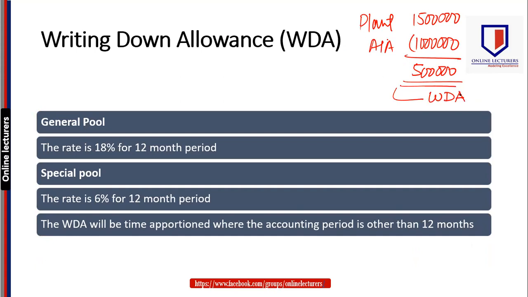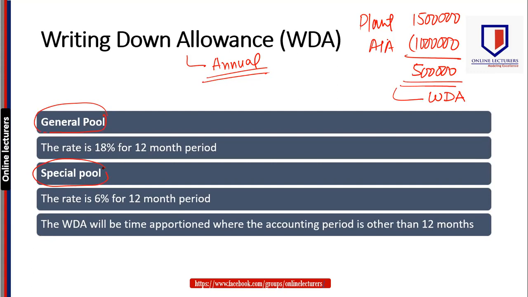On the subsequent use of that asset, annually you will get a WDA, written down allowance. But first of all, you have to understand that the excess amount is to be transferred to a certain pool. We have two pools in which we can transfer the value of the asset. One is called the general pool, another is called the special pool.